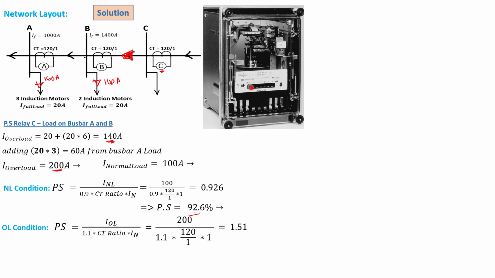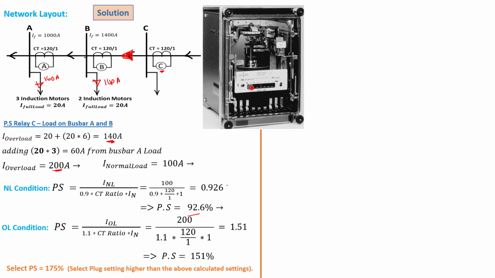Then we get 200 over 1.1 times 120 divided by 1 times 1, and that gives us 1.51, which is 151%. And again, always take the highest from these two calculated plug settings. So this will give us a plug setting of 175%. So you're going to move your plug setting somewhere in there at 175%.